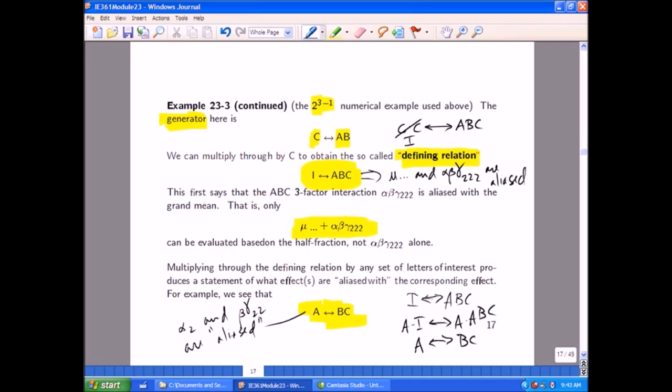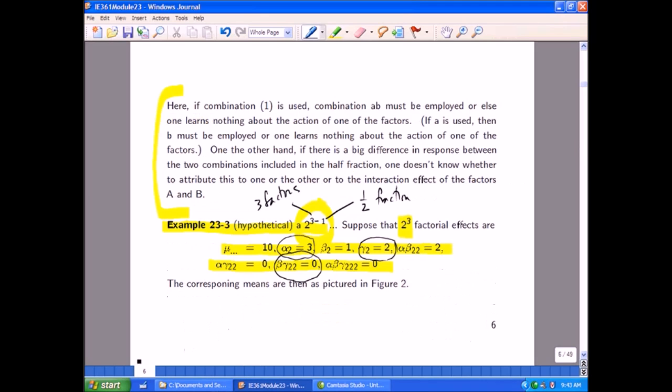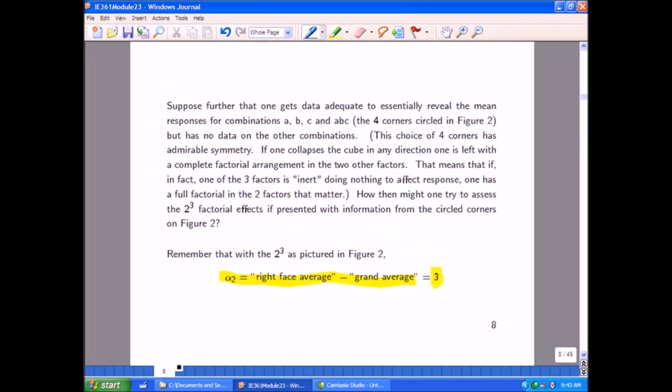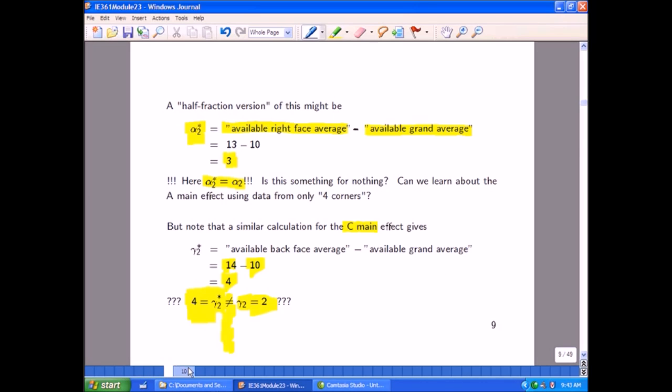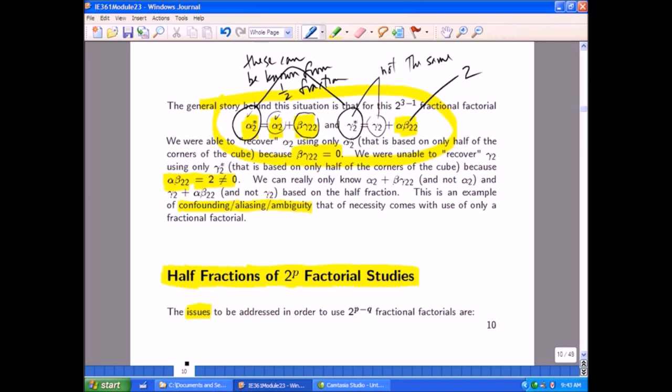Confounded, I cannot separate those two. As a matter of fact, if you will remember back to what I told you here, that's exactly this statement. I cannot put my hands on the A main effect alone.